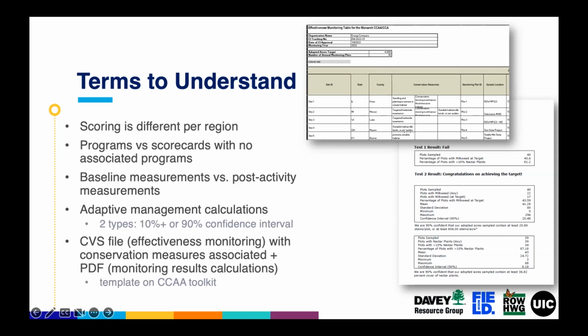So this report that's run in the database runs both of those tests for you: test 1, the 10% or more lacking the target parameters for milkweed and or nectar plants, and test 2, which is the 90% confidence interval.